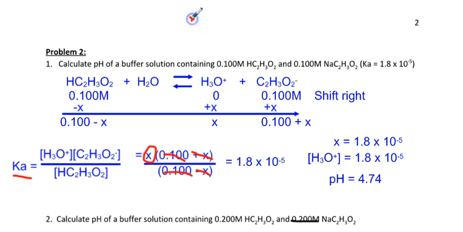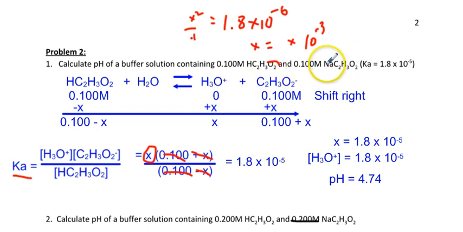X squared over 0.1 is equal to 1.8 times 10 to the negative fifth. So X squared is equal to 1.8 times 10 to the negative sixth. You're talking about X being something like 1 times 10 to the negative third. And if that's the case, I'll quickly jot this down here, the pH is roughly 3. So the pH would be roughly 3 if this were not present.